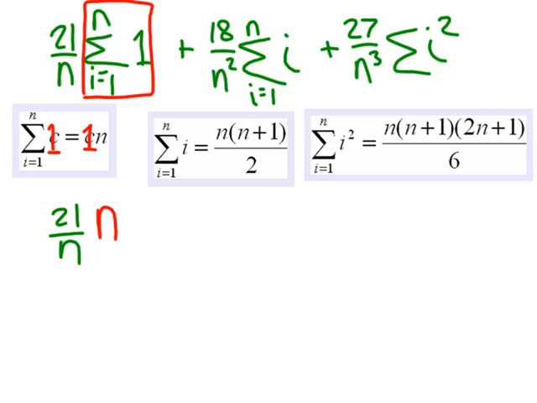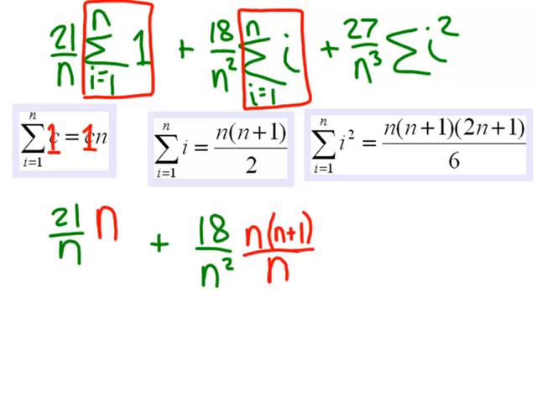And the 21 over n in front. How about this summation? We'll replace that one with the appropriate formula, n times (n plus 1) over 2, with the 18 over n squared in front. And finally, the summation for i squared. I just realized I was inconsistent there.